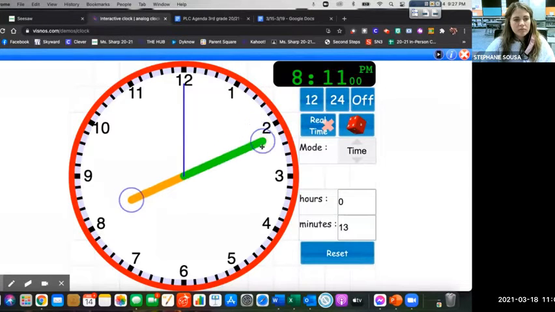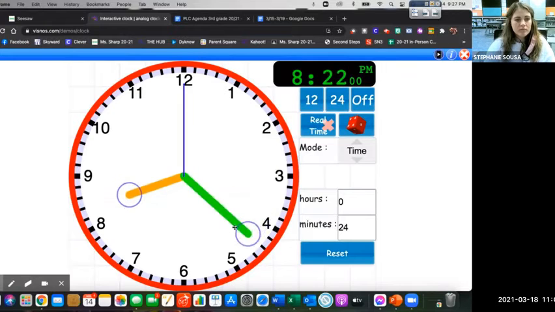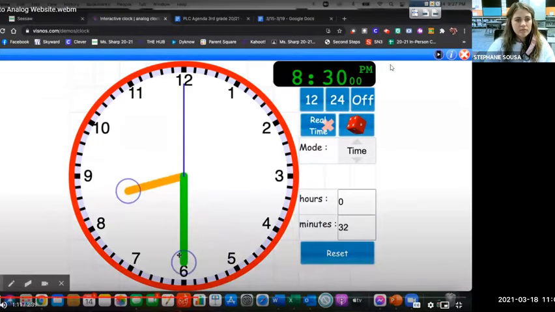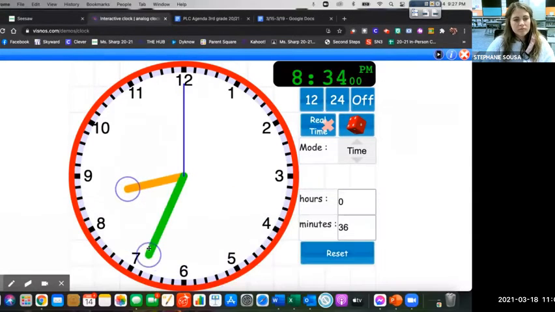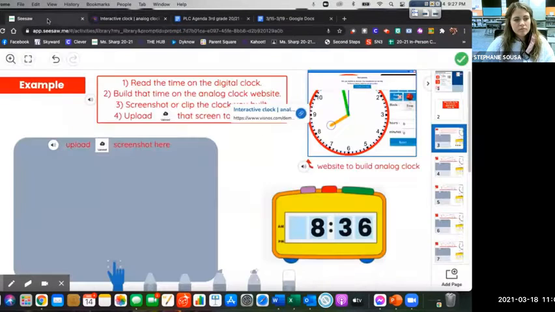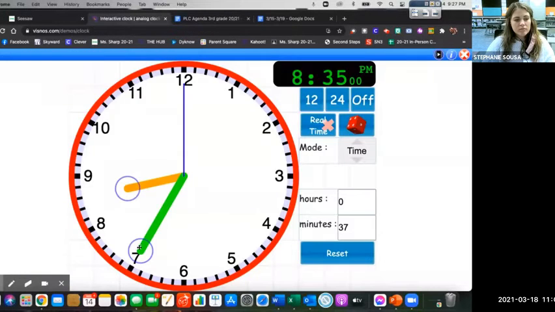So I've got 10. And here I have the digital clock up at the top to help me. I don't remember what time it was that I had to build. I know it was 30 something. So I'm going to go back and see on my Seesaw, 8:36. Super close, 8:35. So I'm going to go 1 more.